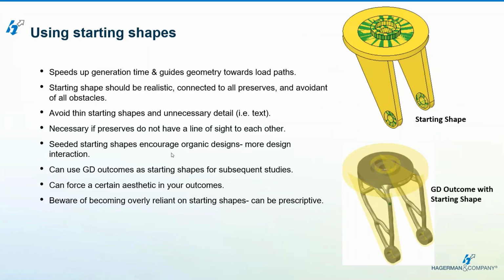Let's use it as a starting shape, as an aesthetic for our designs, the outcomes that it comes out with, and make it similar to what we already had started with, and build those outcomes starting with that shape. So it influences a hair on how it's actually going to come out and how it's going to look at the end.